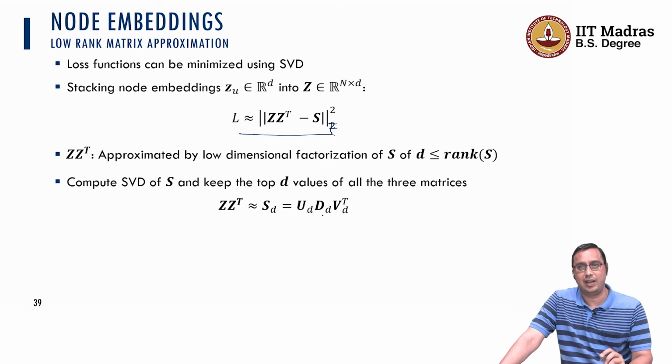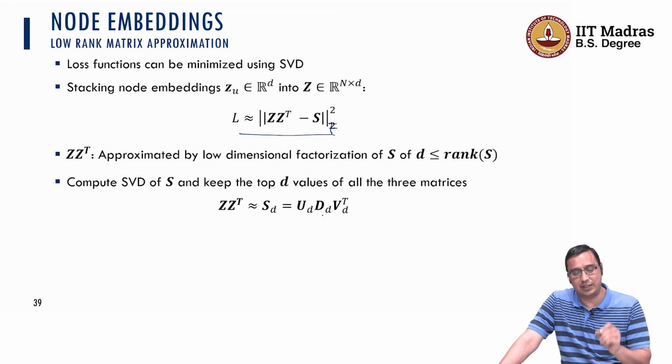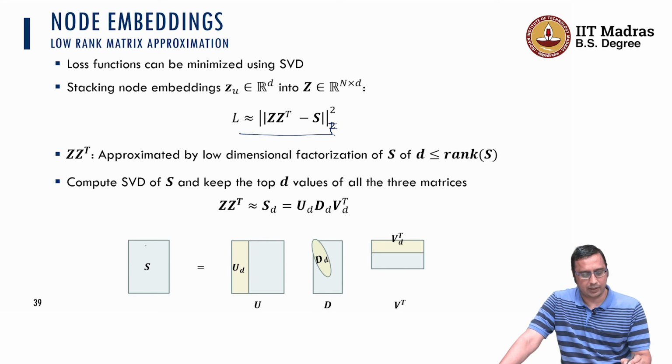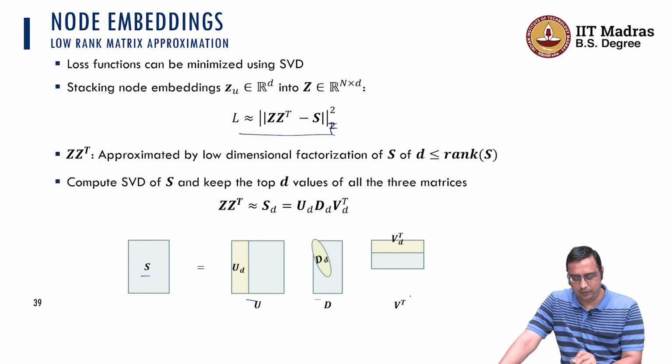In case of Laplacian, we have to do it a little differently as we discussed, but we still can apply SVD. And as I told you, we decompose S into U, D and V transpose, where we only take the first top D values when it comes to inner product based methods, and get Z transpose based on decomposing.